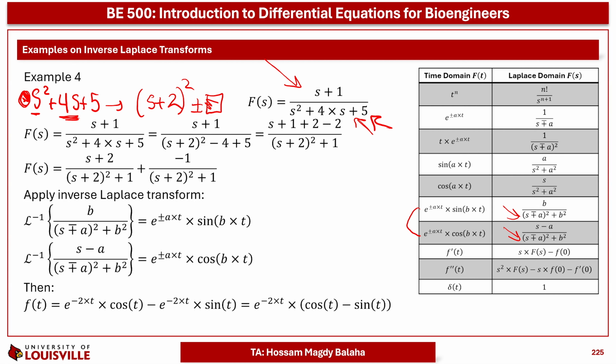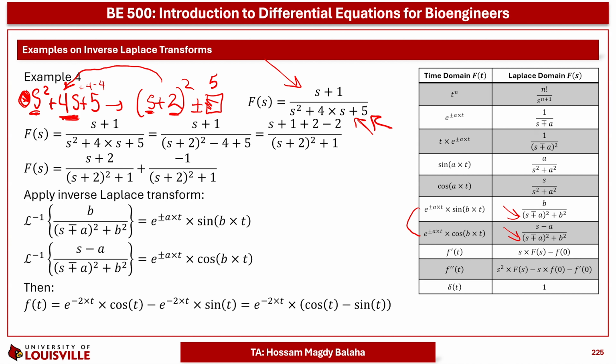Simply put any remaining factors, which is 5. Also, return this back to this function and make both sides equal. How? S square, S multiplied by 2 will be 4. 2 square will be 4, so plus 4 should be here. So to make it equal, we will add also negative 4.